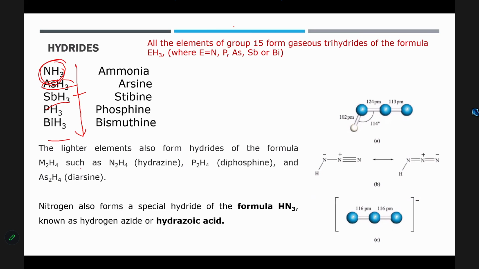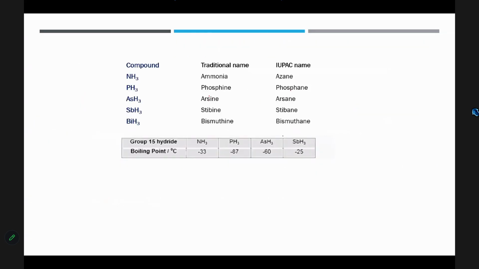Ammonia is more stable and more covalent in nature, because down the group the atomic size of bismuth is too big. So automatically the bismuth-H bond prefers to have a more ionic structure, right? So we all know that one.